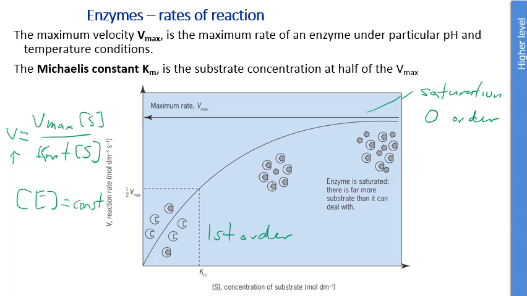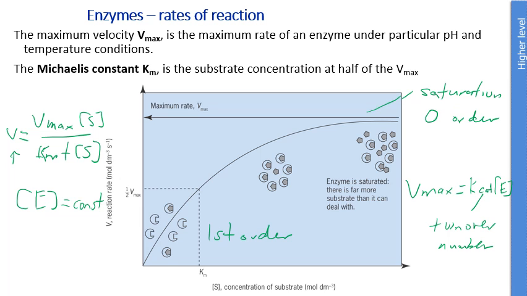So Vmax will be equal to kcat times the concentration of E, where kcat, known as the turnover number, is the maximum number of substrate molecules that one molecule of enzyme can convert to product per second. The Michaelis constant Km is the inverse measure of the substrate affinity for the enzyme.